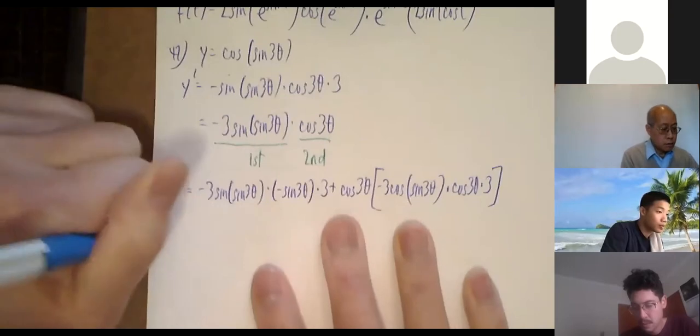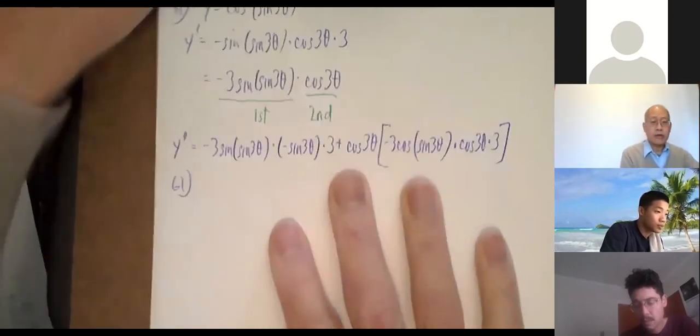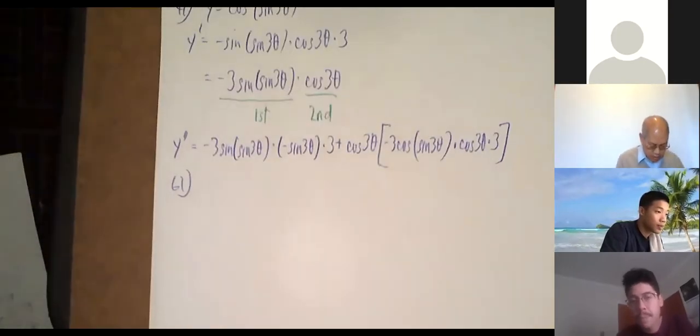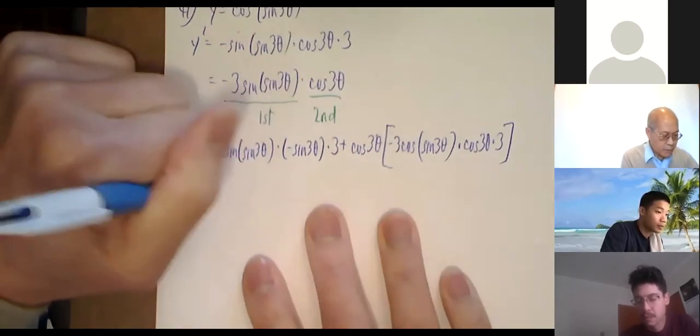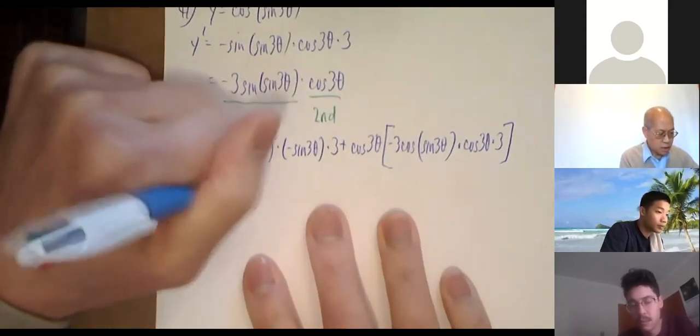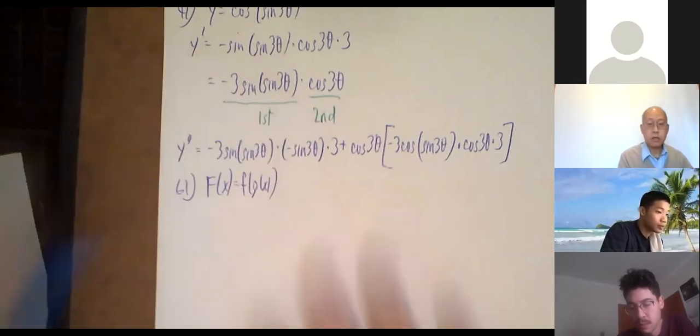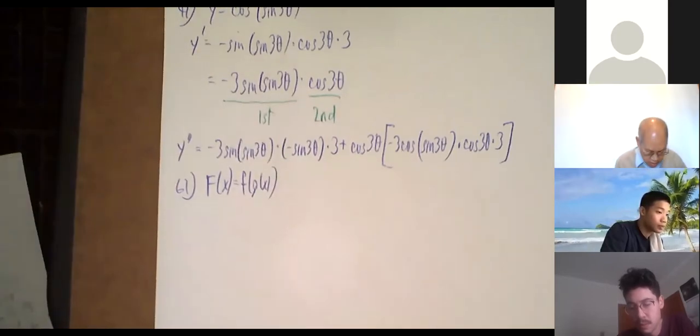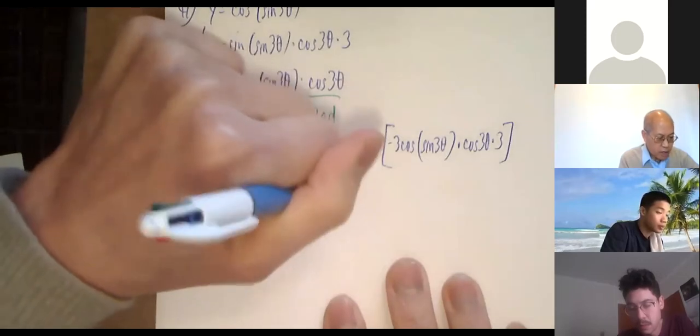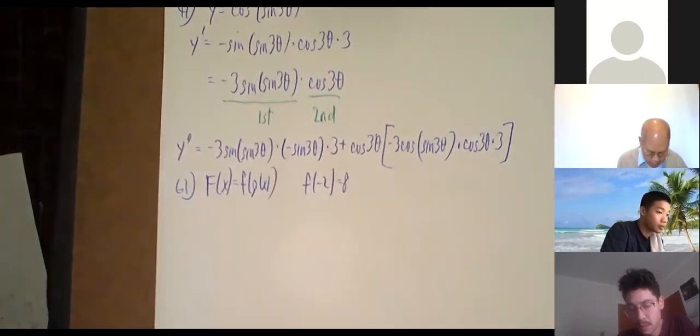Okay, 61. I have to copy down all this stuff here. So capital F of x is f of g of x. And he gives you all this stuff. F of negative 2 is 8.